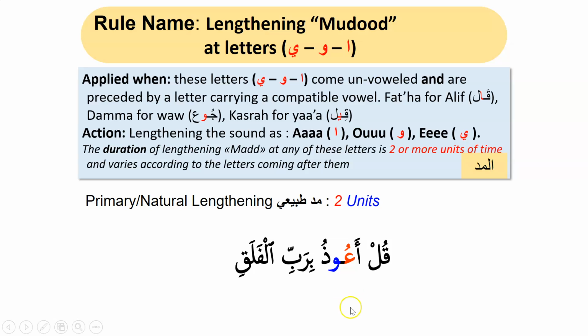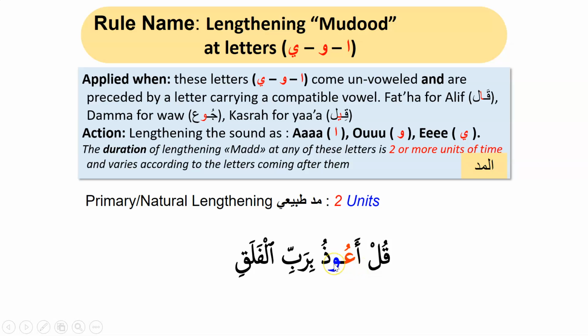As long as you find this letter of mad, a lengthening letter, it is a candidate for being lengthened because it is coming second, preceded by a letter carrying a compatible vowel.